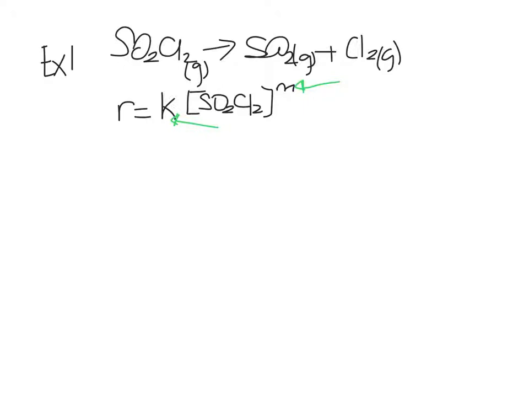So we're going to compare run 2 to run 1. So experiment 2 to experiment 1. So we're going to substitute in our values into the rate law expression. So run 2, we're going to plug in our rate.